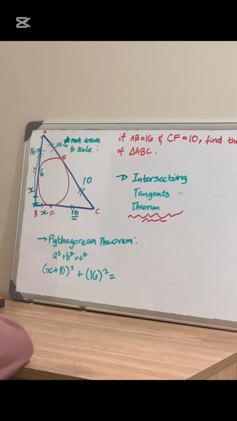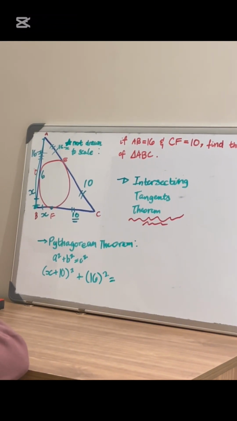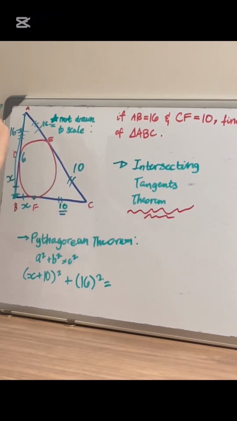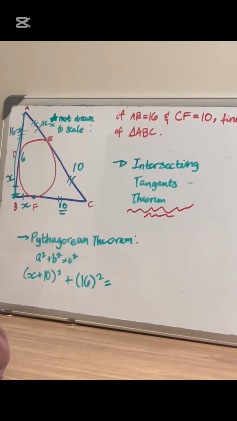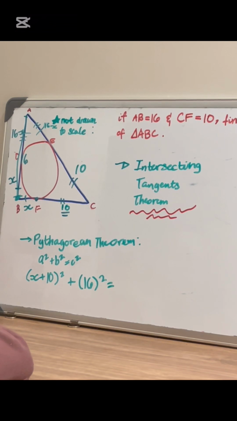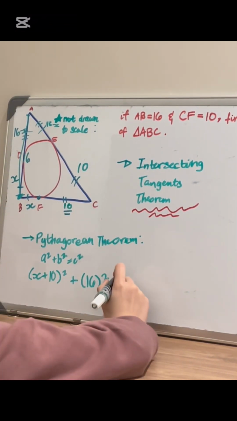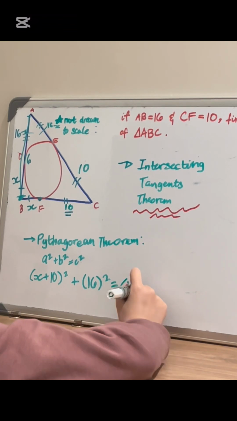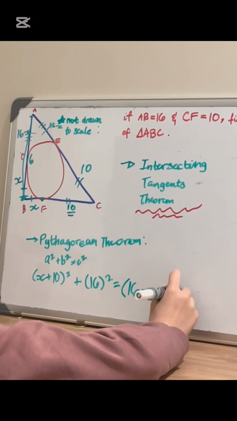Now we have to find c squared. C, in this case, and in every case, is the hypotenuse of the right triangle. The hypotenuse is the longest side of a right triangle. So it's this side. That's 16 minus x plus 10 squared.